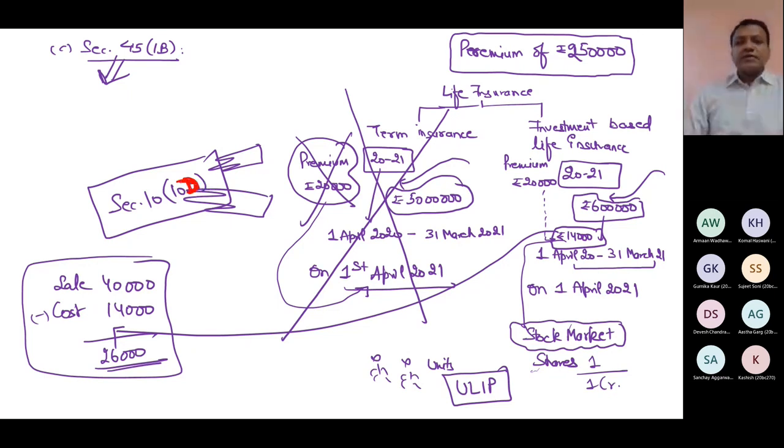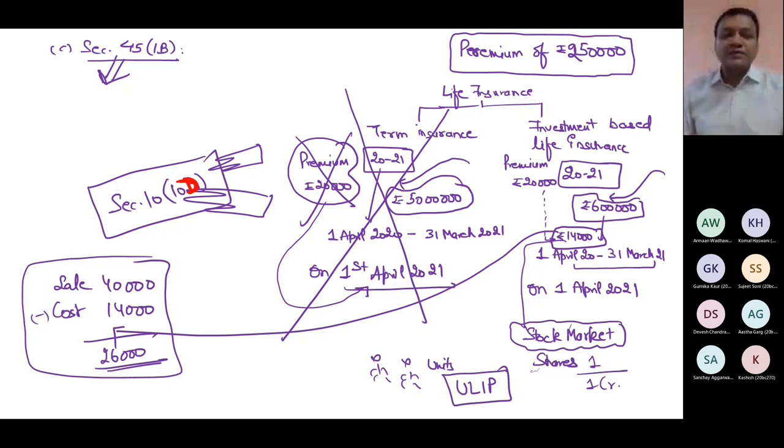Now what I was saying is, if today I am investing in a ULIP where the premium payable is not exceeding 2,50,000 per year, after 5 years, for example, I will receive back my money. There is no need for me to compute income under capital gain when I receive the amount. And if it is not computed under capital gain, another question may arise: under which head will it be taxable?